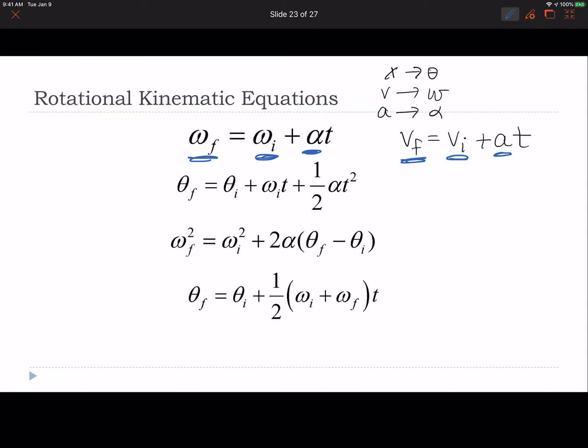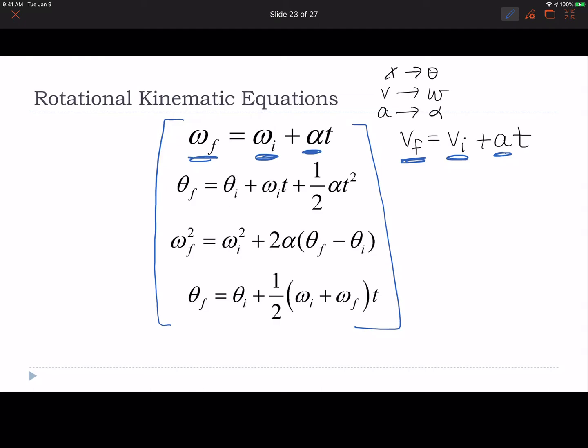So we could do the same thing with all of the other kinematic equations and just make those substitutions, and we have this relationship between all of the variables of motion under constant angular acceleration that we can use to solve problems.